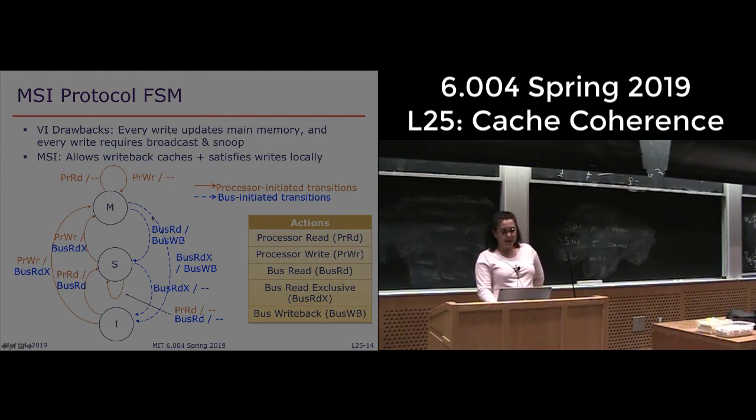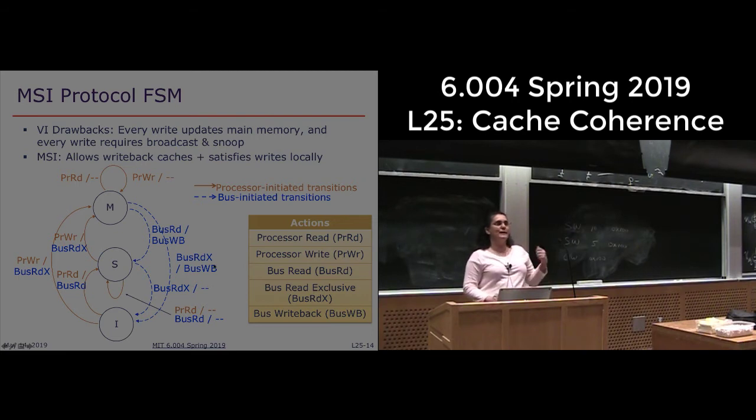The other one is this arrow over here, where I was in the modified state, meaning some other cache had written to this address. So before this new cache can request to write to this address, the first one that wrote to it better write its data back to main memory, okay? And so what it's going to do is, upon seeing this bus read exclusive, it's going to issue a bus write back request, okay?